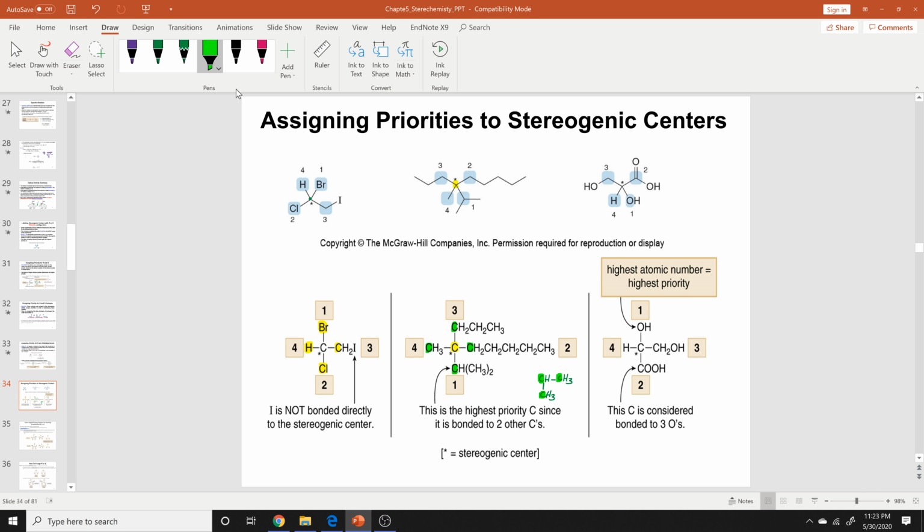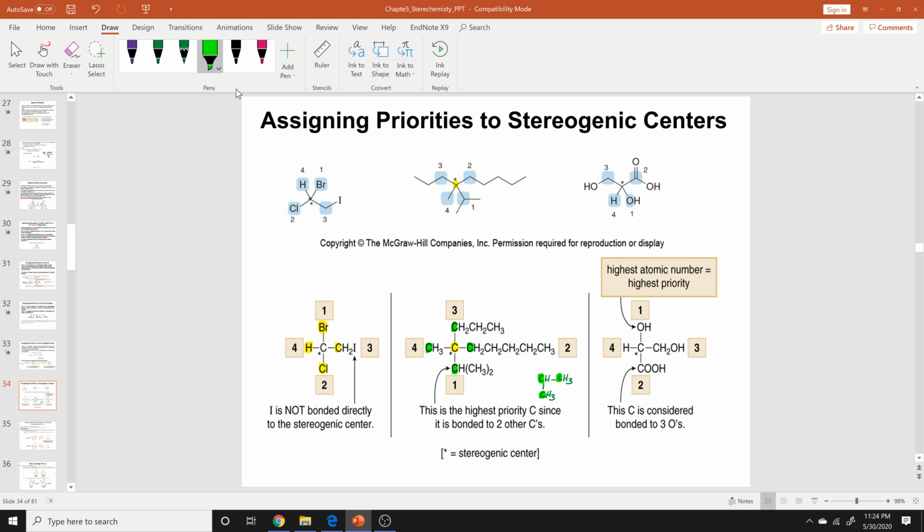Again, I didn't go with the whole pentyl group. I went one carbon at a time. And once I hit a tie, I look at the adjacent atom. I keep doing this until I find a difference. And then I set my priorities based on that.